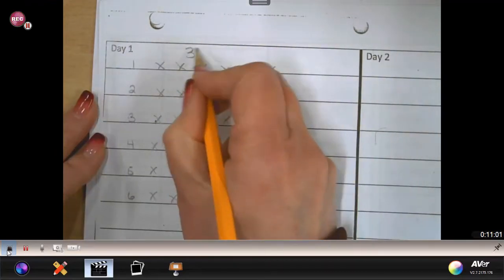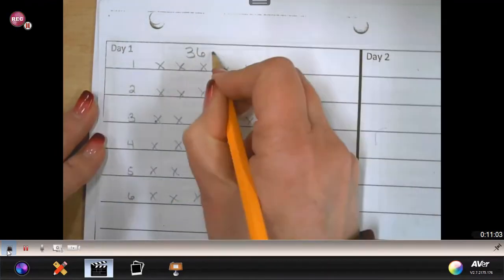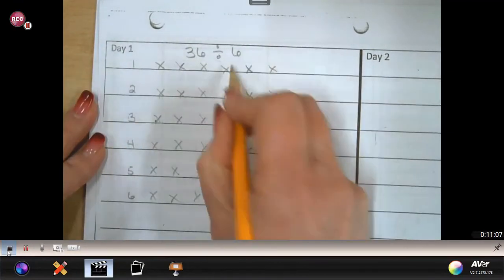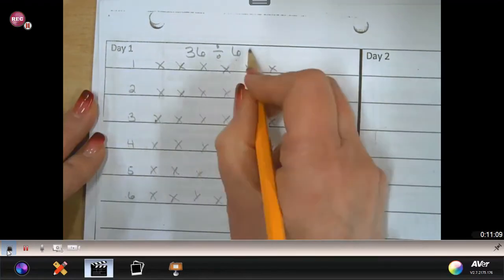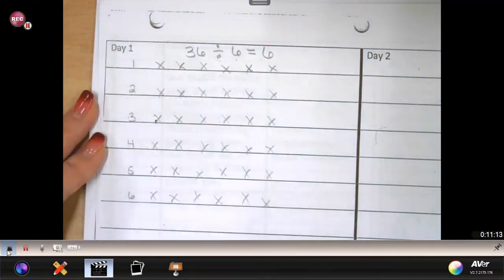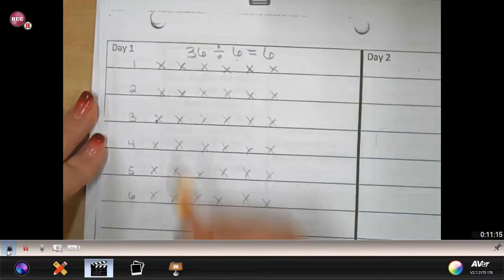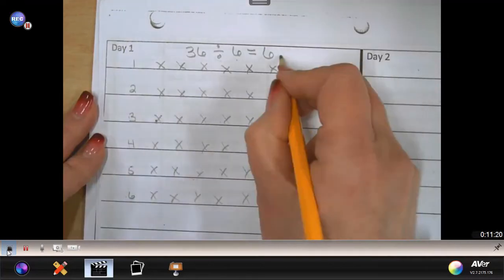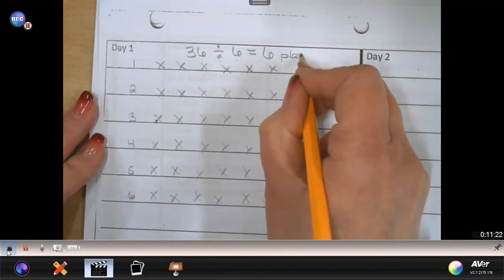So I took these 36 players, I divided them or placed them equally onto these 6 benches. Those are my groups. And you'll notice whenever I finished breaking them up, I have 1, 2, 3, 4, 5, 6 players on each bench.